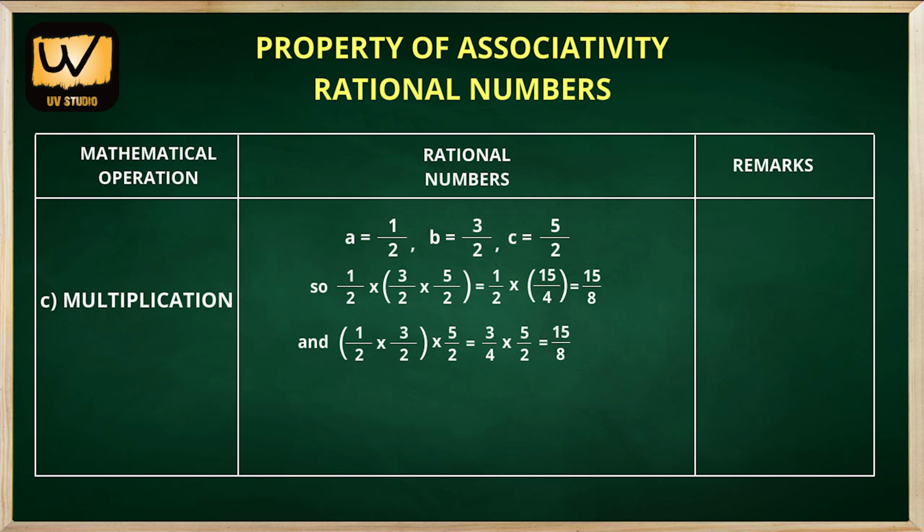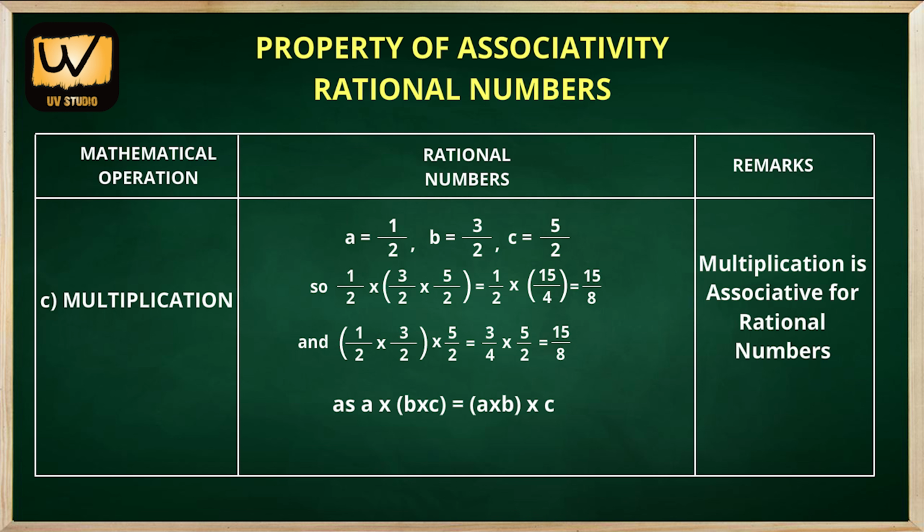Coming to the RHS, (1/2 into 3/2) multiplied by 5/2 outside, that is equal to the bracket 3/4 into 5/2 as it is. That gives you 3 fives are 15, 4 twos are 8. So this is 15/8. RHS is equal to LHS, as A into (B into C) is equal to (A into B) into C. They are equal. What is the remark? Multiplication is associative for rational numbers.